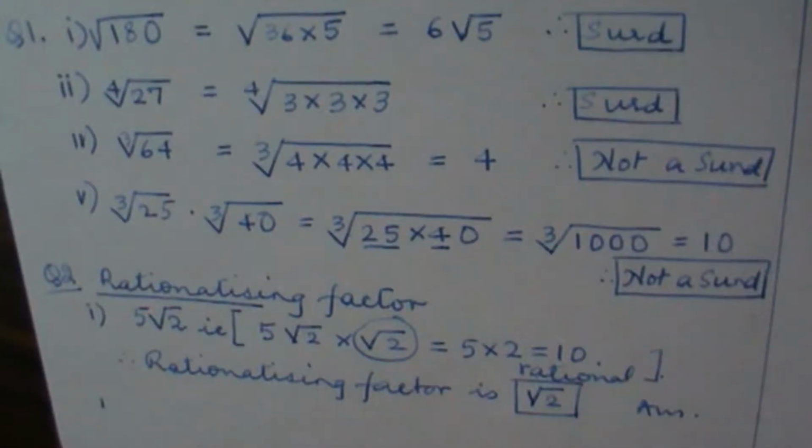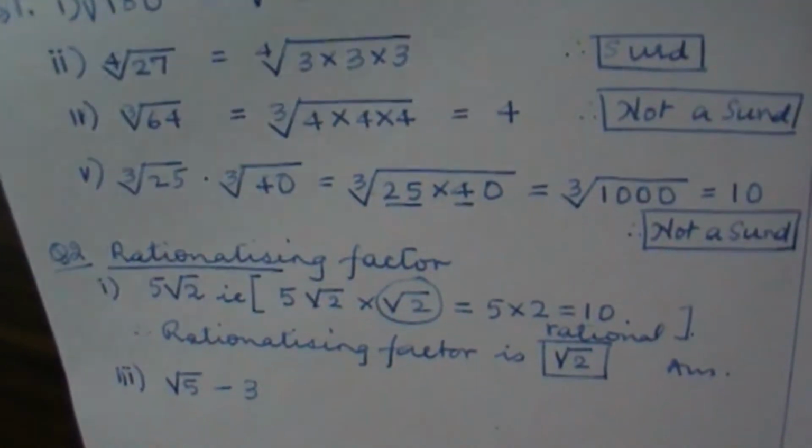We come to the third one. It is root 5 minus 3. Now here these two are not multiplied.